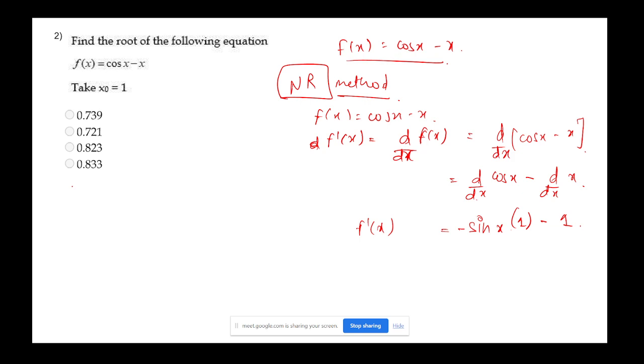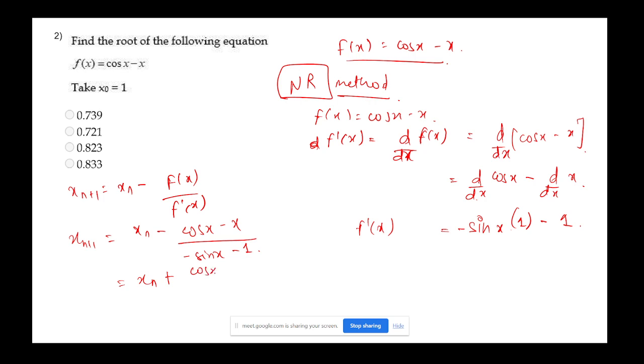Now if you apply the Newton-Raphson method, x(n+1) equals xn minus f(x) upon f dash x. So you put in the values: x(n+1) equals xn minus (cos x minus x) upon (minus sin x minus 1). You can take this minus common, so it will be xn plus (cos x minus x) upon (sin x plus 1). Now this is the general form.